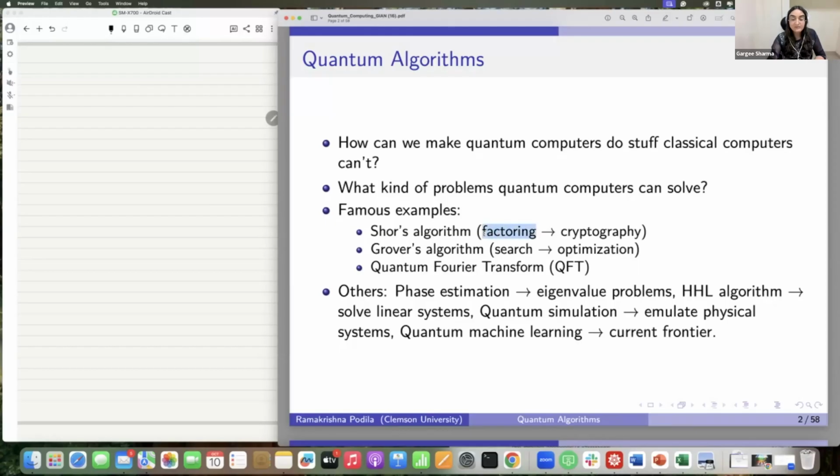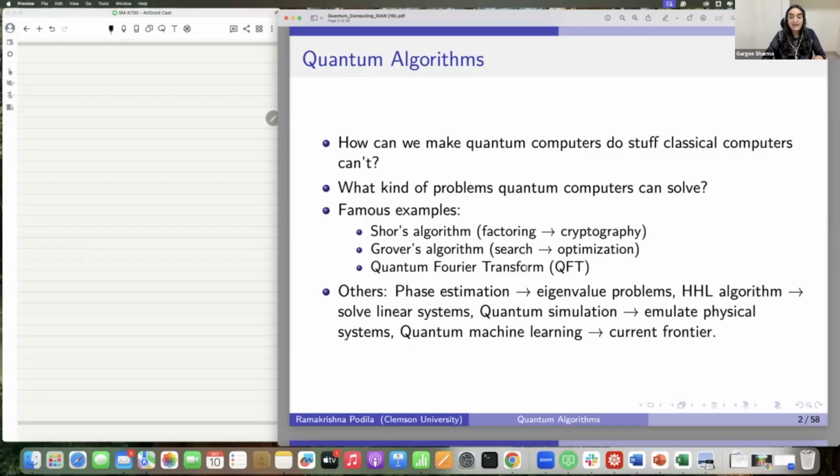factoring a number. Let's say you have a large number and you want to find the prime factors of it. So how do you do that? There is a classical algorithm which takes exponential time. You can't solve this problem in polynomial time if you do it classically.